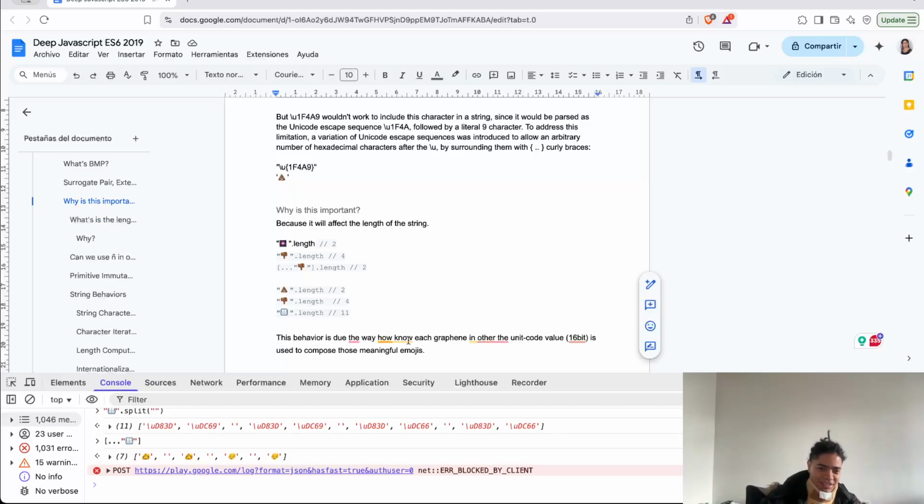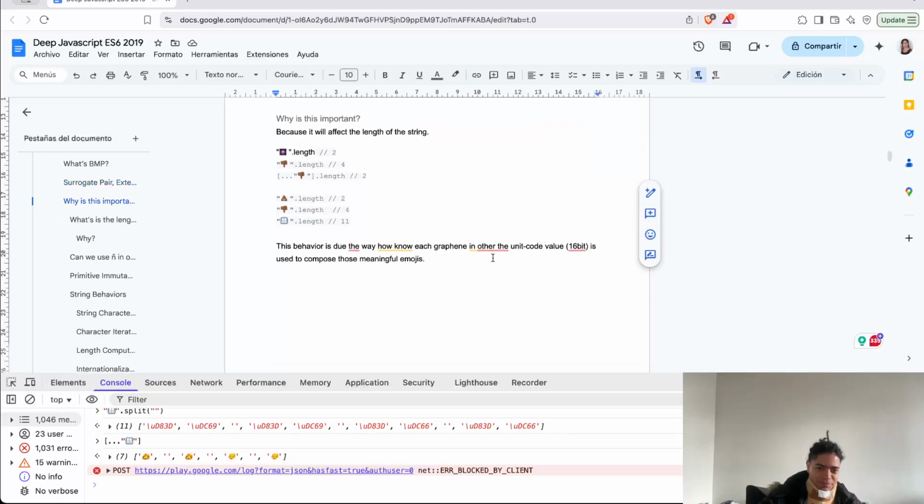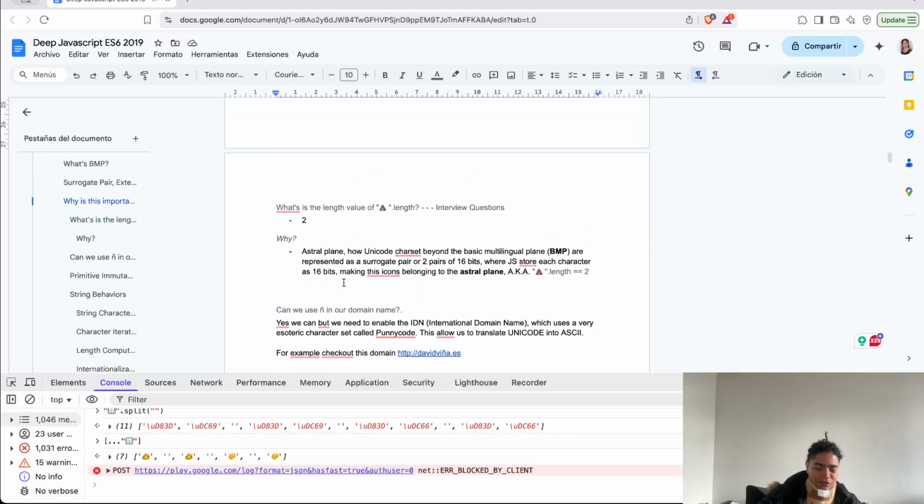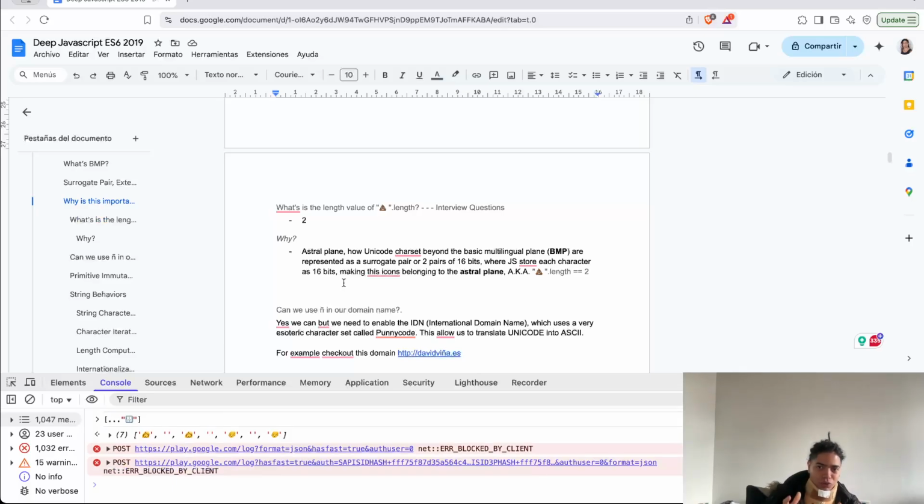Anyway, so here we are. This now explains these specific behaviors, and we now know what this basic multilingual plane and this astral plane mean.